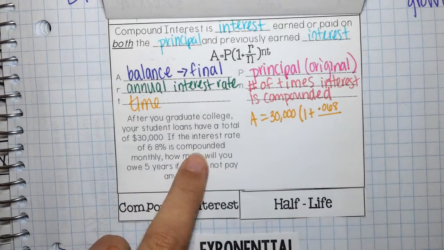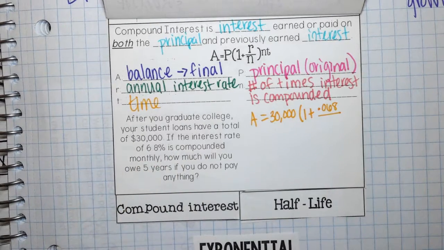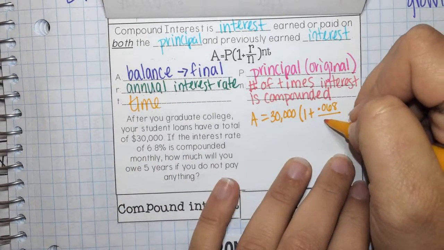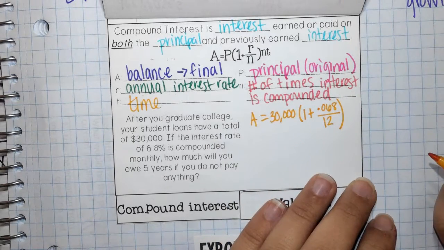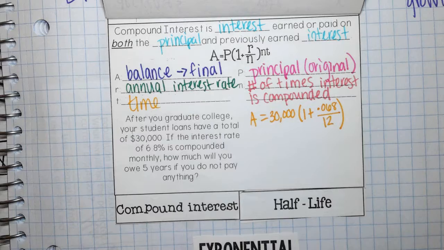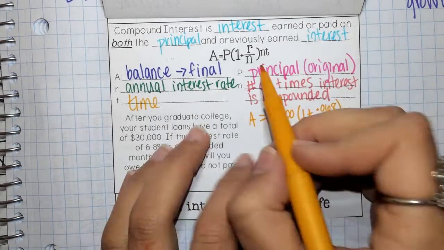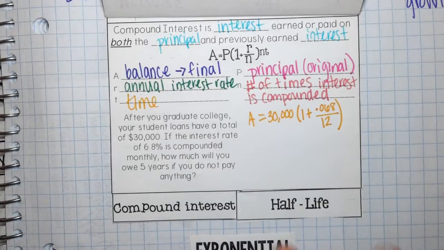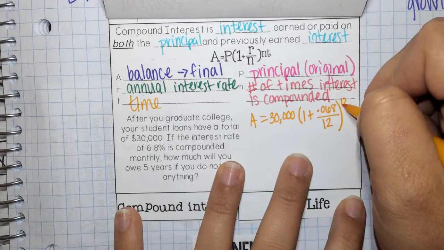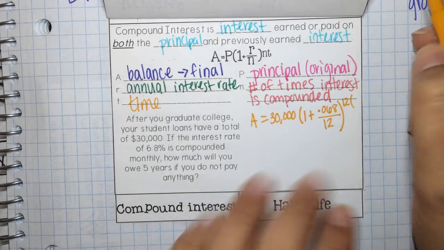It says it's compounded monthly, so how many times is it compounded in a year? 12. Is everybody with me so far? Now what goes in this N up here? It's the same thing, so 12. And then what's T? How many years? 5.